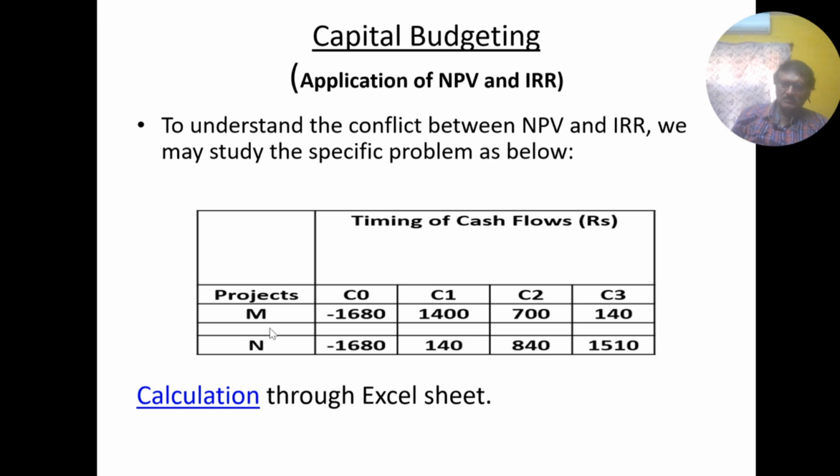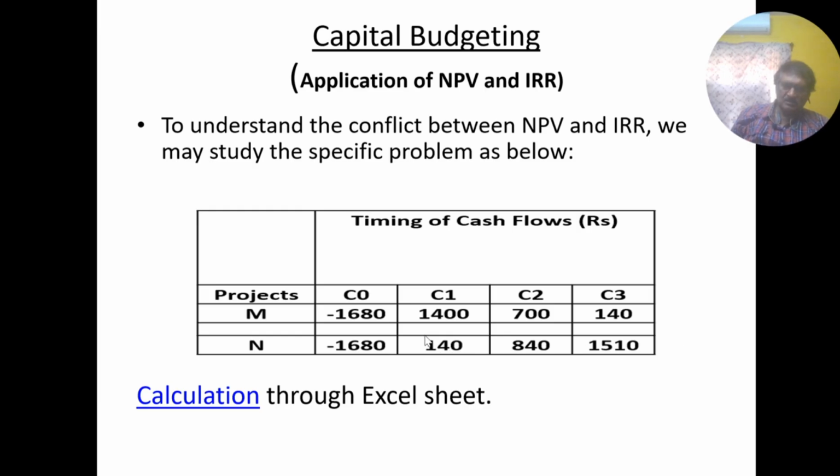For project M, the initial investment is rupees 1,680, the initial outflow. That means investment for both the projects is same.